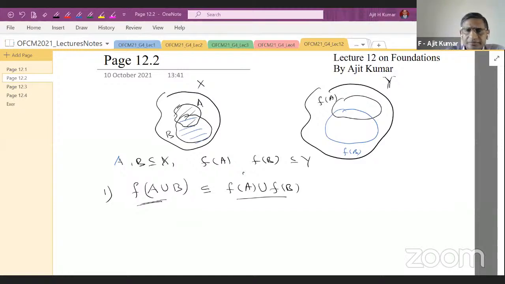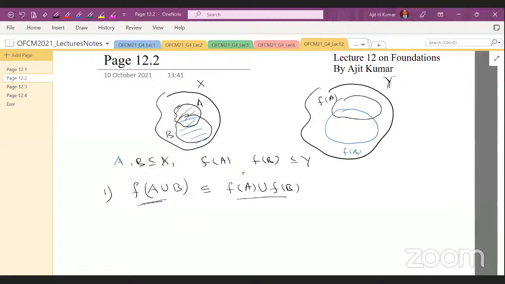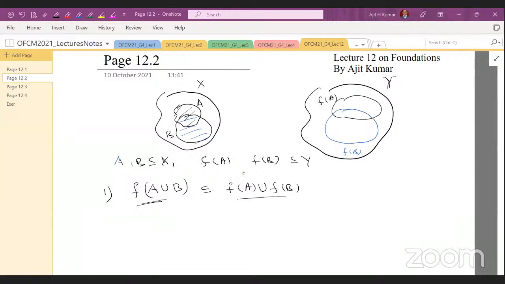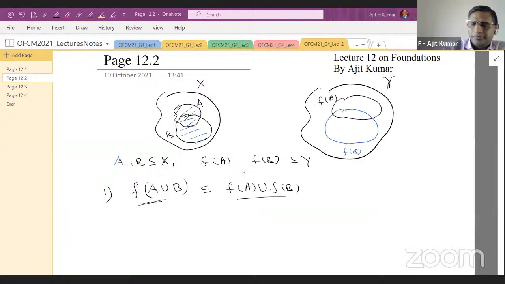Okay, Jane, you have understood? Yes, sir. Okay, Manak, you have not understood? Sir, I understood. Okay, so fine. Anybody who has not understood, please raise your hand.